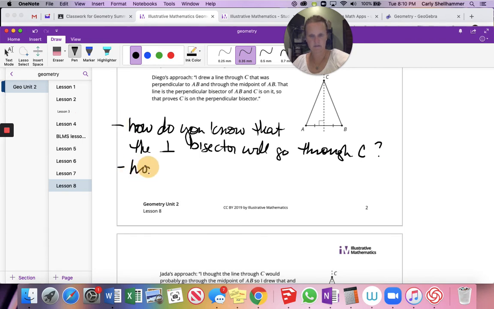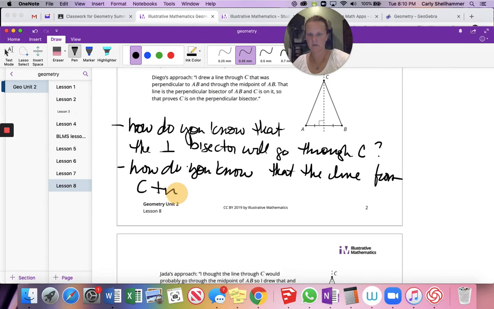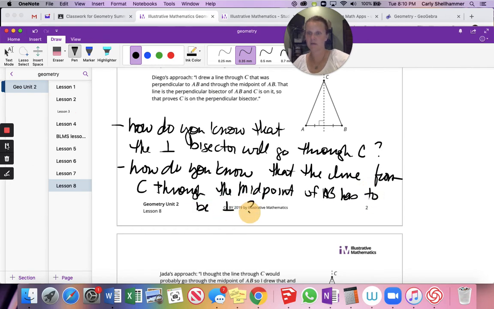And how do you know that the line from C, through the midpoint of AB, has to be perpendicular? That's my feedback for Diego.